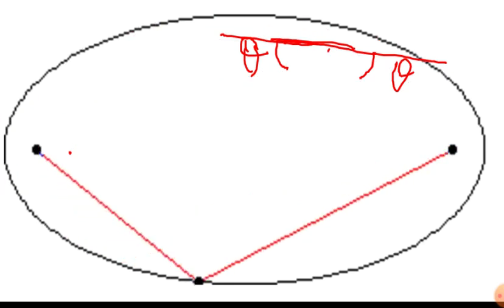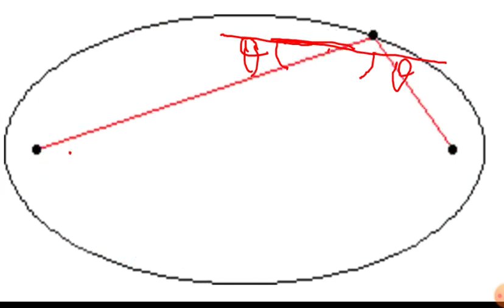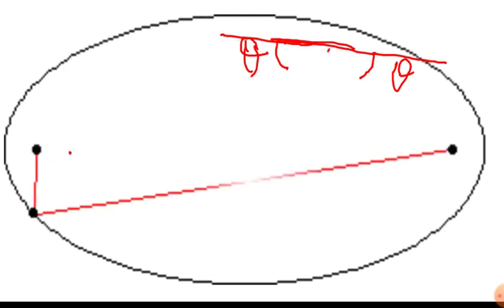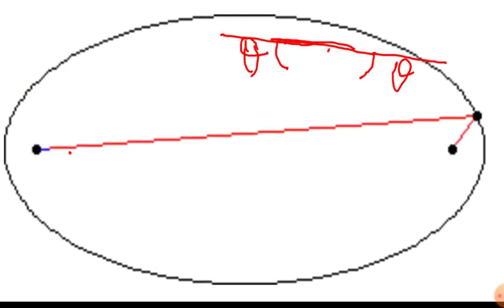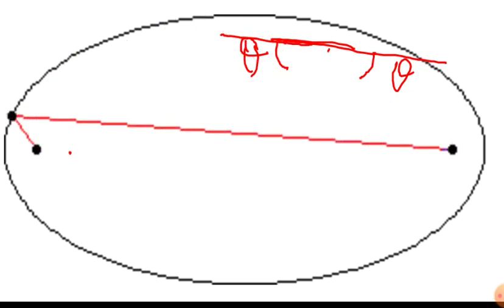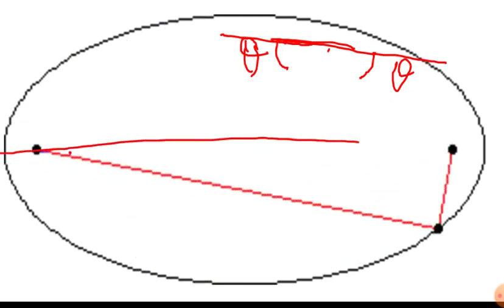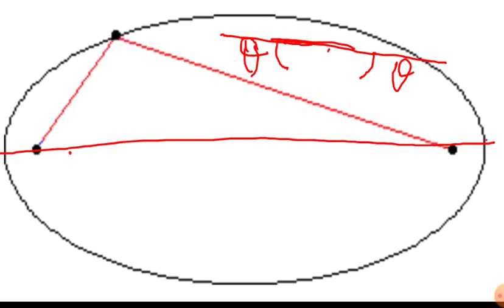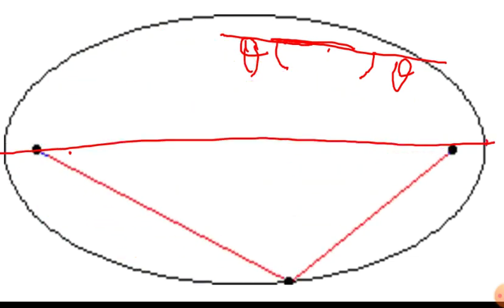Let me take you again to this. If you join this line, passing through these two points, then we call this line the major axis.